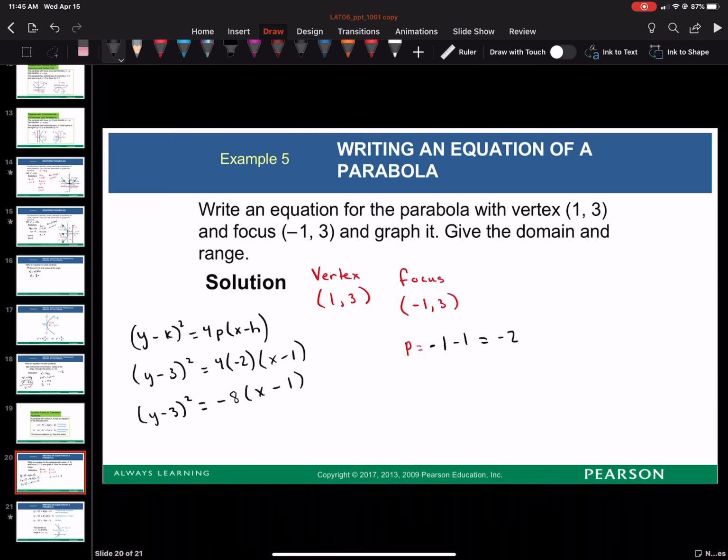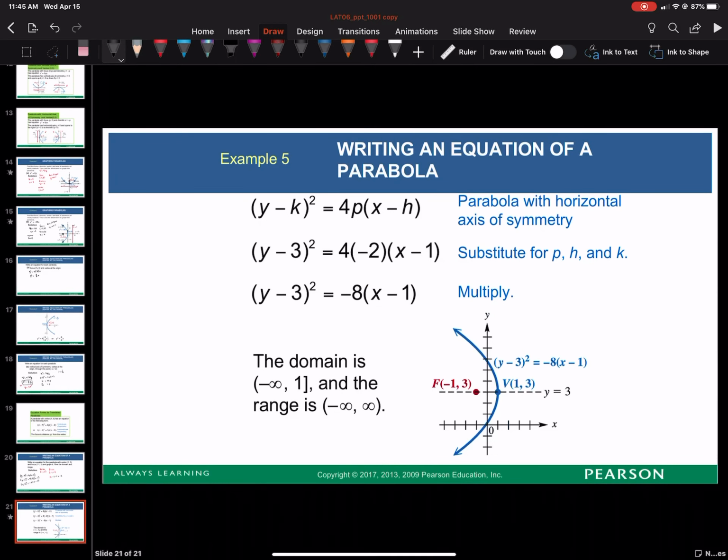When we look at the domain, it goes from negative infinity to 1, and the range goes from negative infinity to positive infinity.